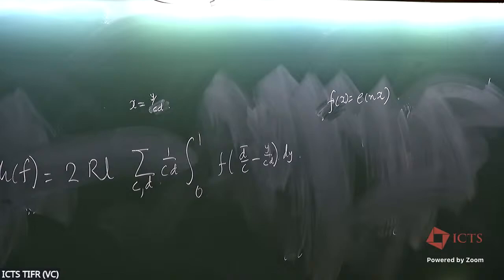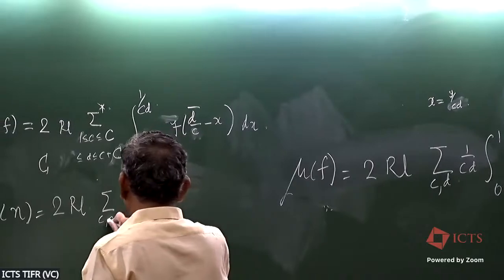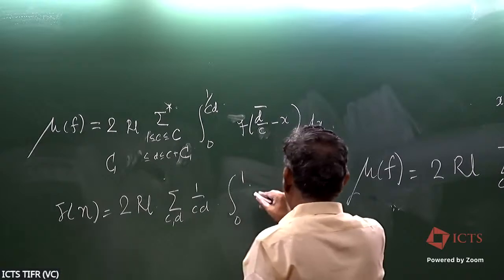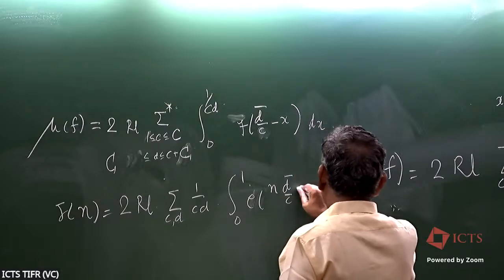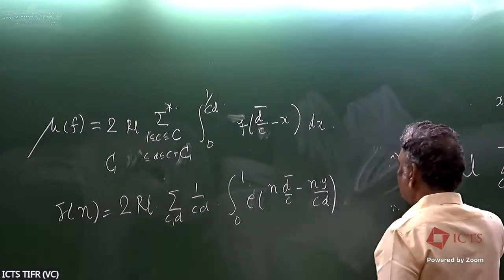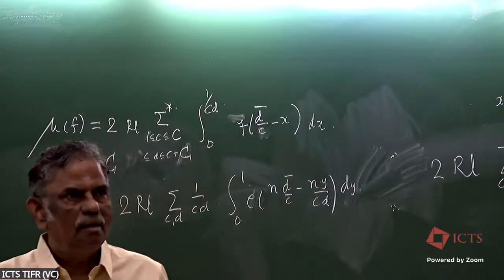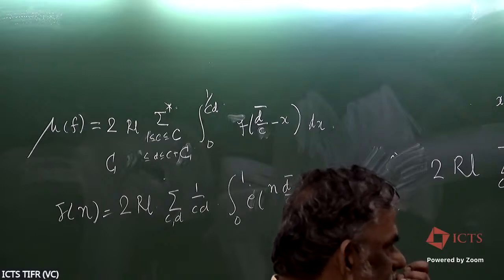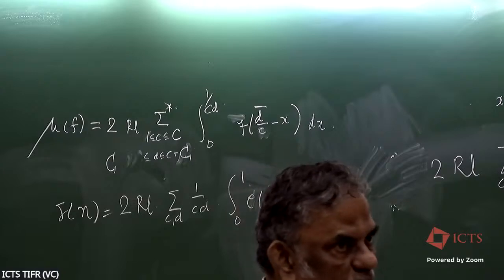Therefore, delta n is equal to 2 times the real part of summation over cd under those conditions, 1 over cd times the integral 0 to 1 of e of n d bar by c minus n y over cd, dy. That's exactly what is called Kloosterman's delta function.